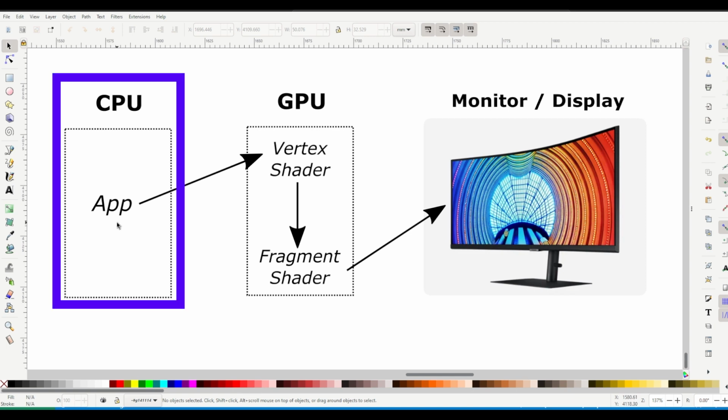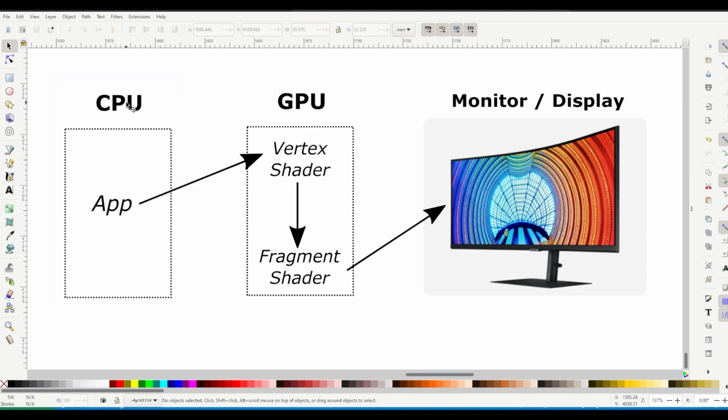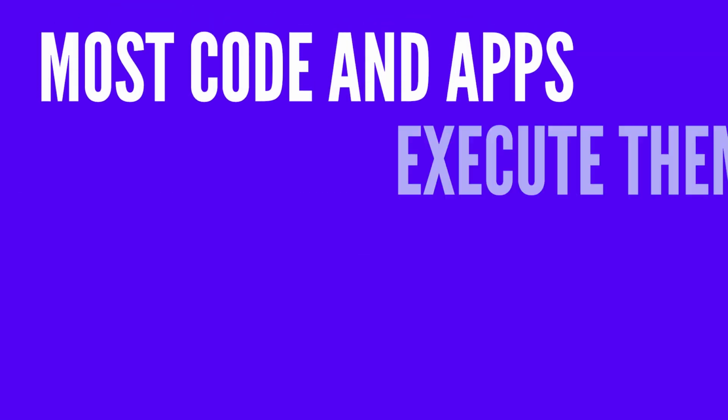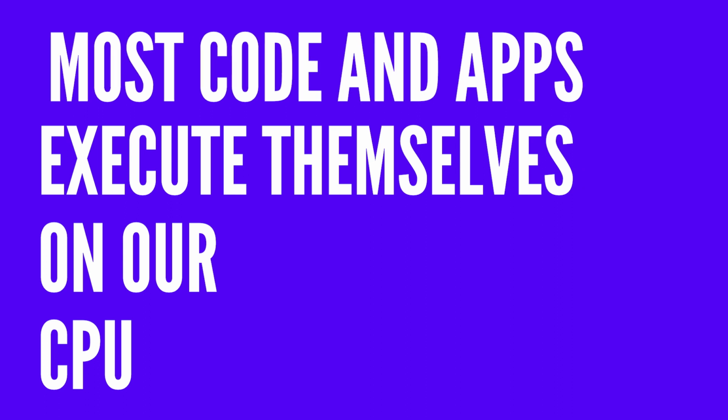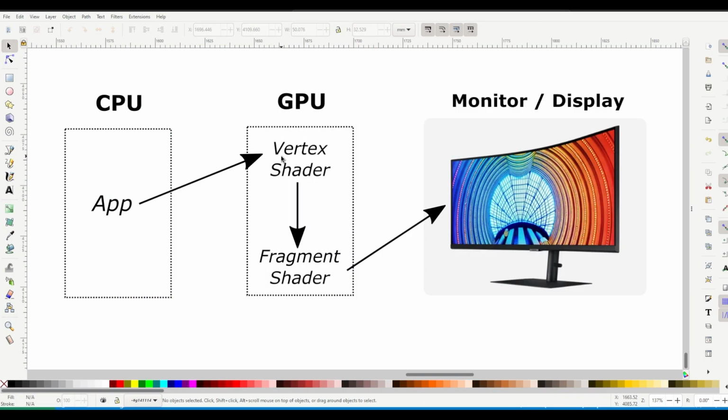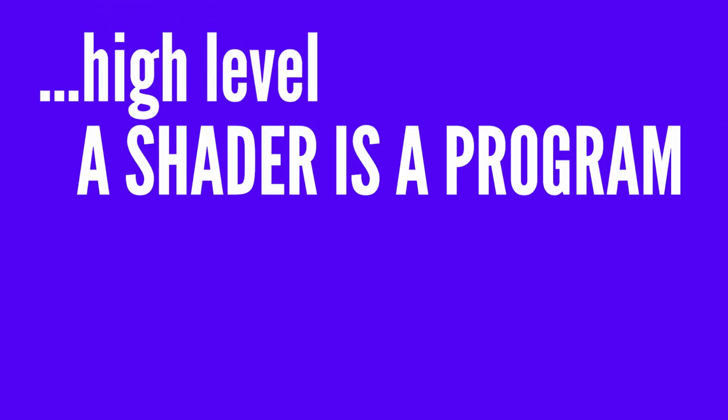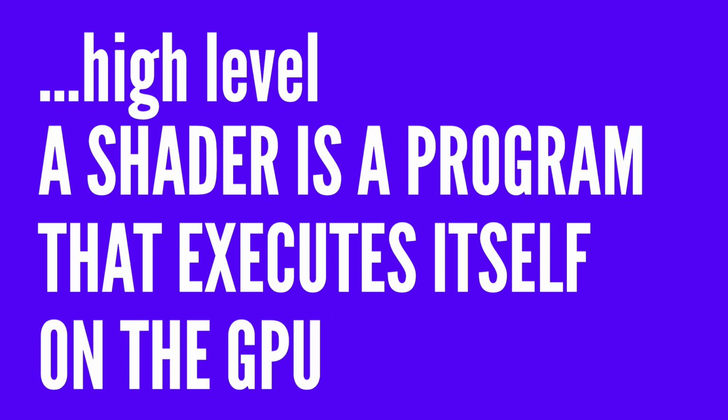On the left we have our application in CPU space. Normal coding in JavaScript and running an application runs on the CPU. But by using device.createShaderModule, we'll be creating shaders that run on the GPU. That's what a shader is exactly: it's just a program that runs on the GPU.